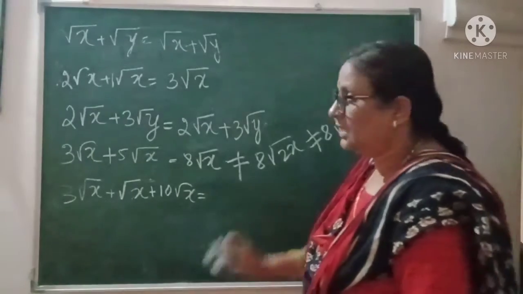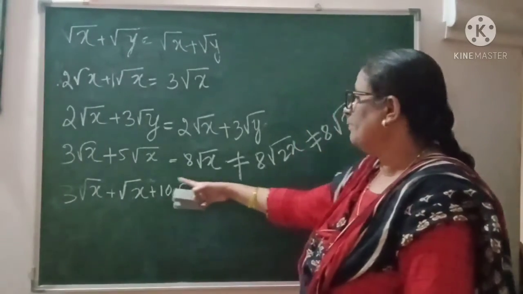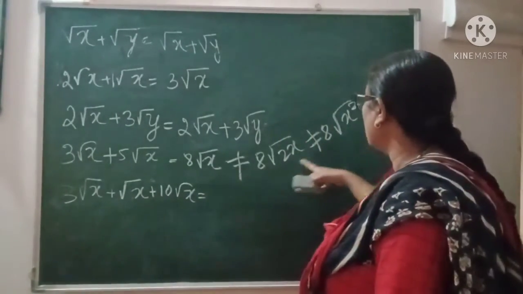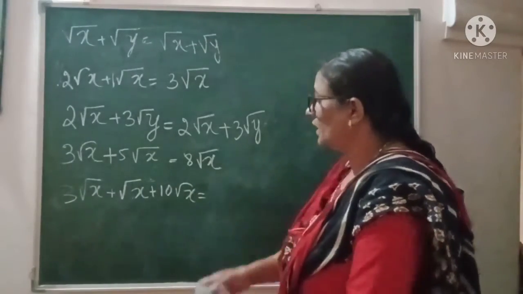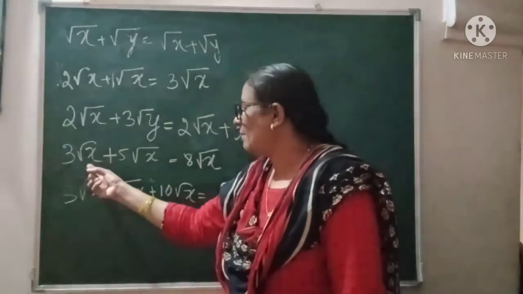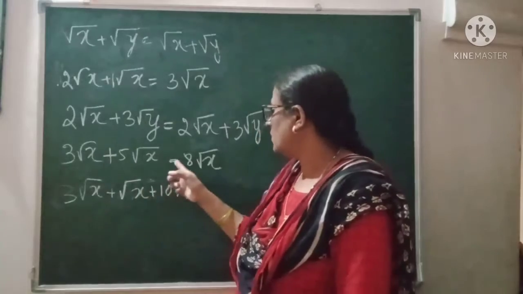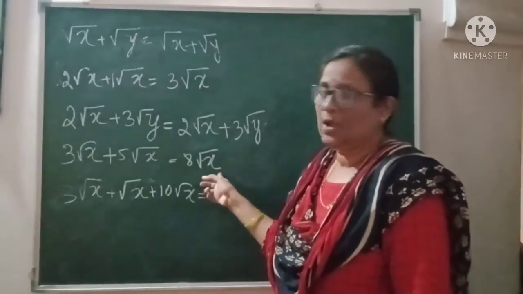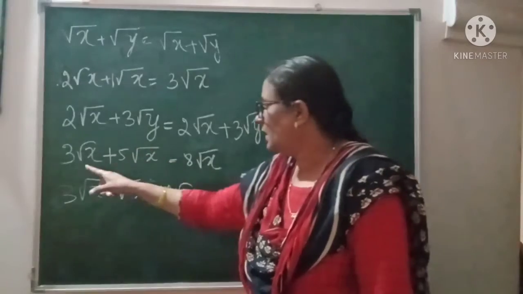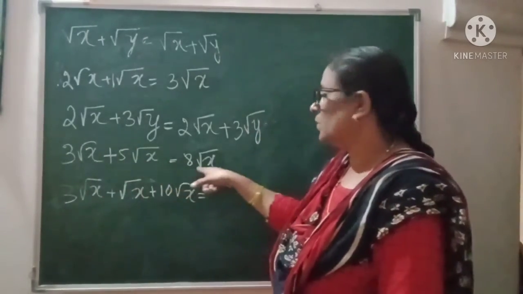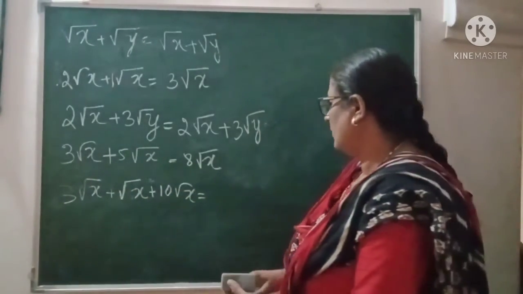I have seen most of the students writing the answer of this one in different ways. So children, don't get confused. It is like 3 apples plus 5 apples is equal to 8 apples. The same way, now look at this one.